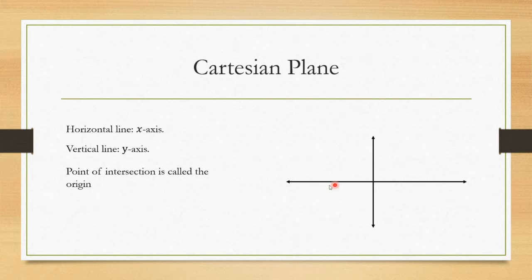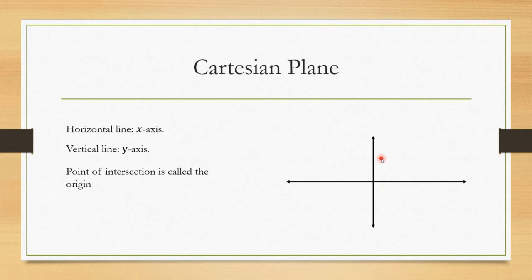The horizontal line is the x-axis. The vertical line, we call the y-axis. That point of intersection is what we call the origin. That point is going to be 0 on both of these lines. Somewhere you have to label 0, right? Well, that's going to be 0 for both lines. Remember, these are both copies of the number line.